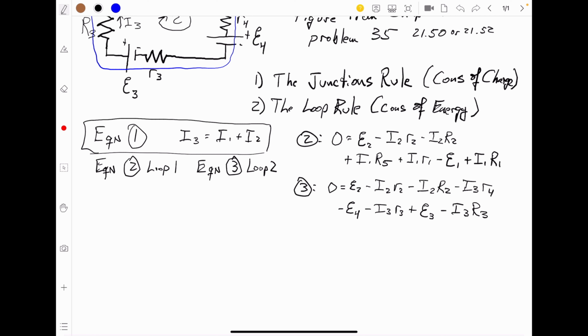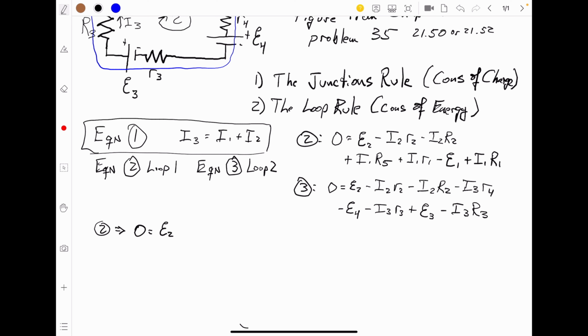So let's continue. We've got our 3 equations. All right, so let's rewrite equation 2. Straighten it out a little bit. So equation 2 is 0 equals epsilon 2.